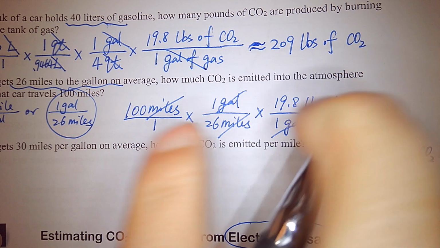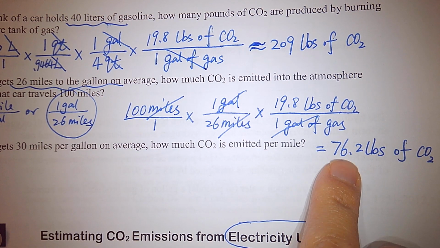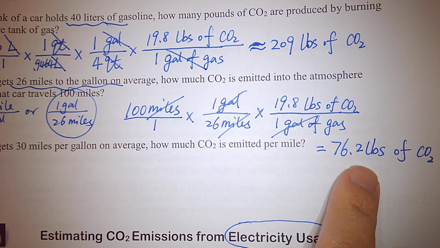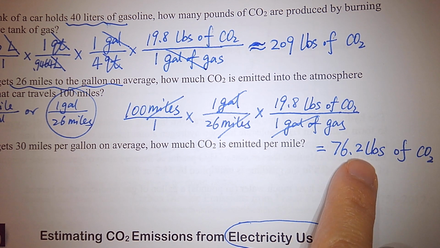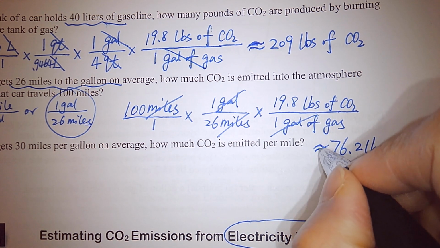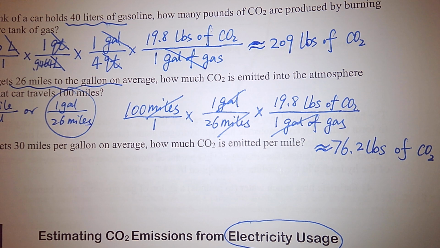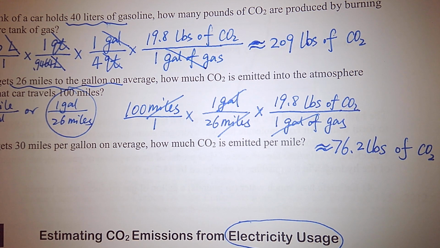It doesn't say which digits we should round to. So either you get 76, or you get 76.2, or 76.2 something, they're all correct. You guys, was that good for the gasoline CO2 emission?